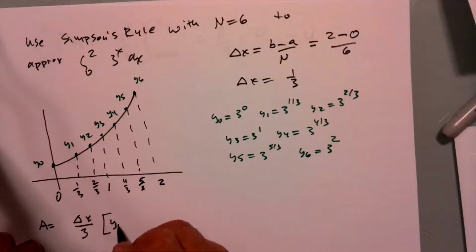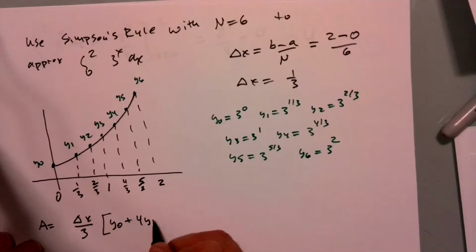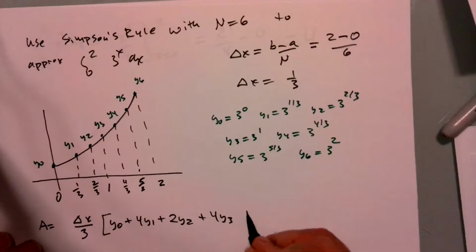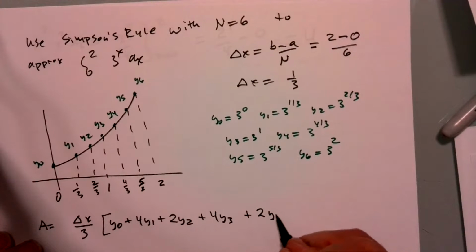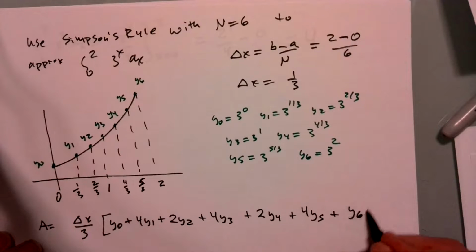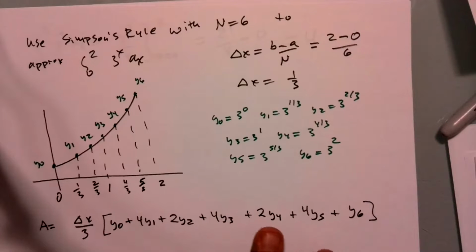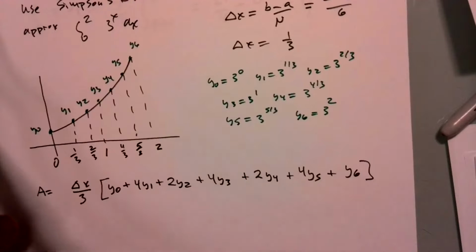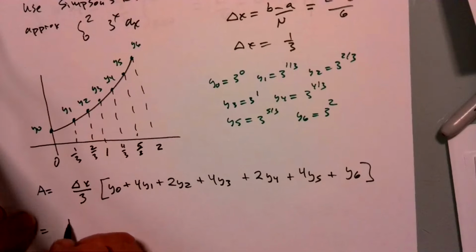Then I have y sub 0 plus 4 times y sub 1 plus 2 times y sub 2 plus 4 times y sub 3 plus 2 times y sub 4, 1, 4, 2, 4, 2, plus 4 times y sub 5 plus 1 times y sub 6. That's our strategy.